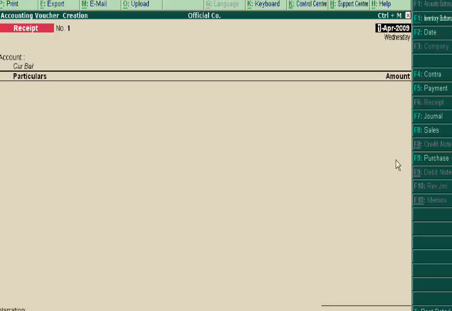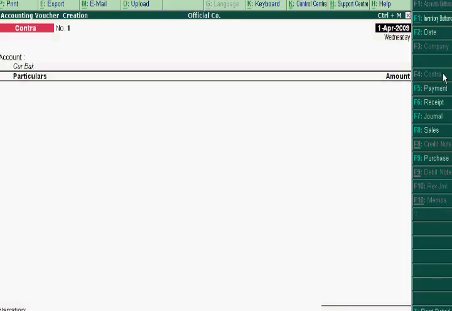On the right side you will see different vouchers, meaning voucher entry in Tally is on the basis of different classification. Suppose there is involvement of cash inflow or cash outflow, or net cash inflow or outflow is nil, then we will pass the voucher entry in receipt voucher, payment voucher, or contra voucher.